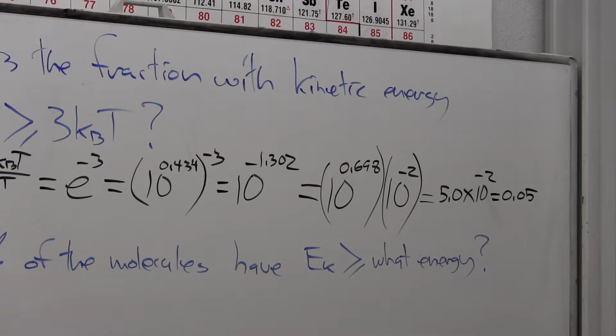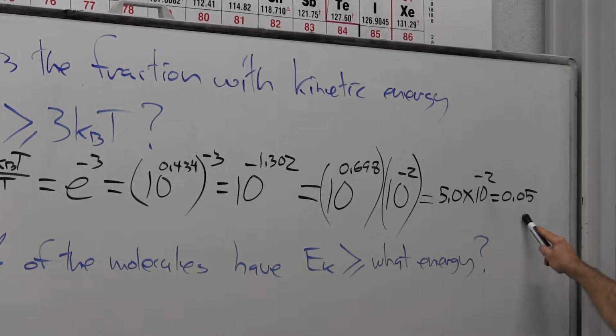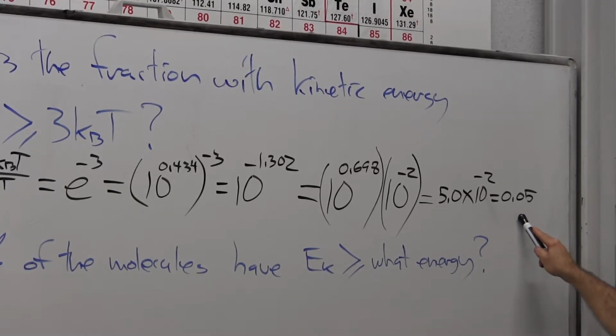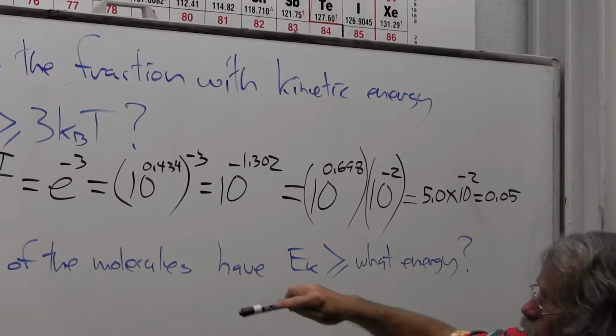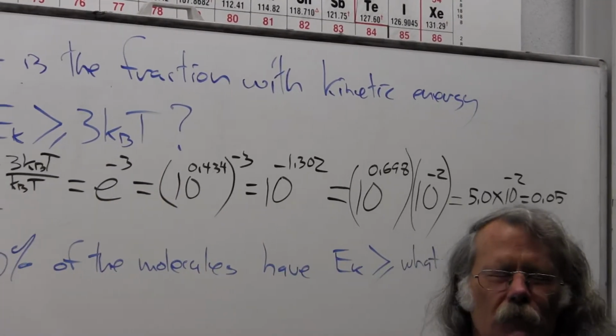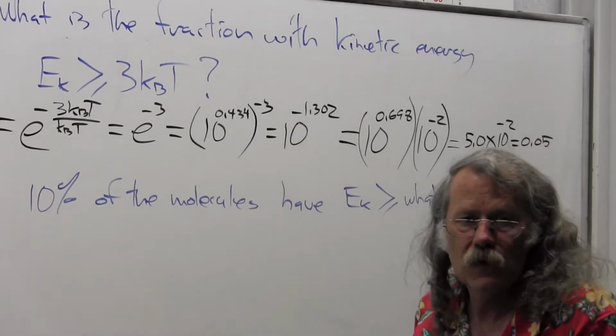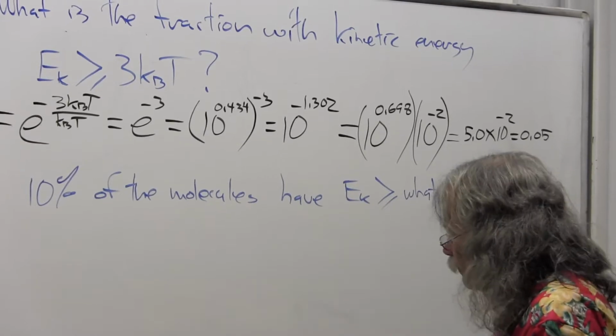So that's the fraction. And that means 5% of the molecules, for all temperatures, are going to have an energy greater than 3 times k B times T in the Boltzmann factor.